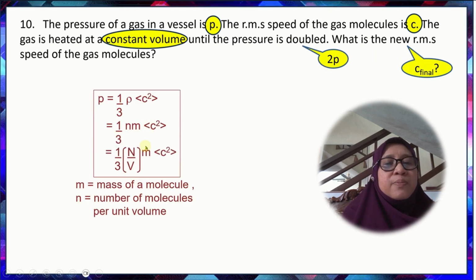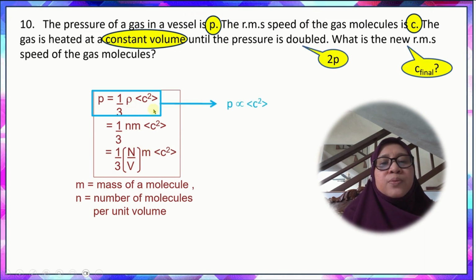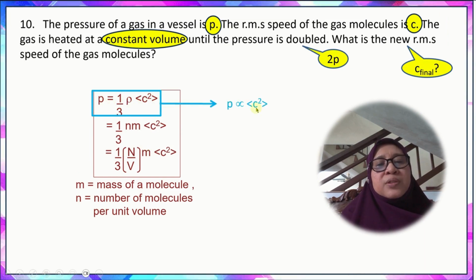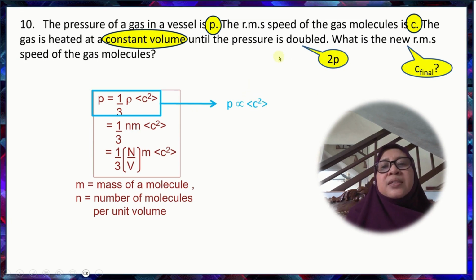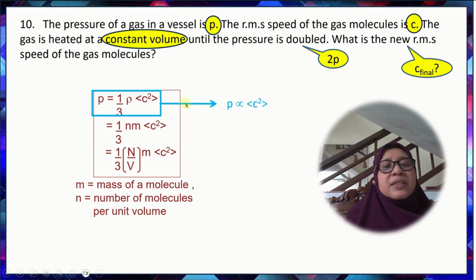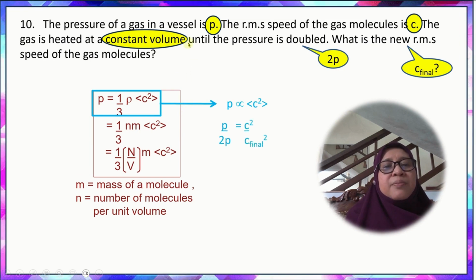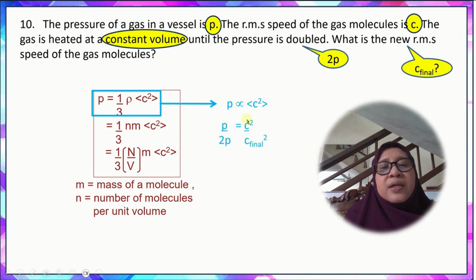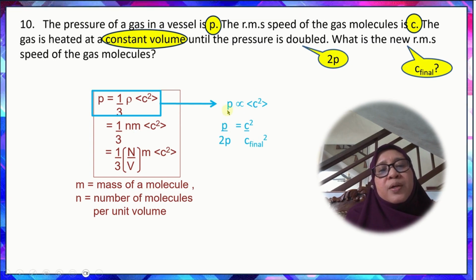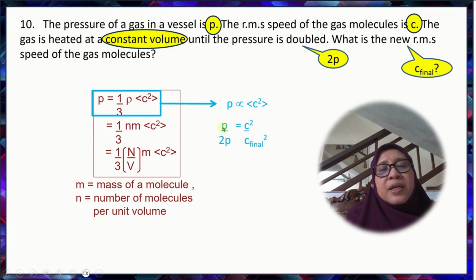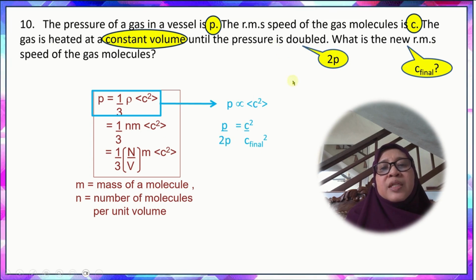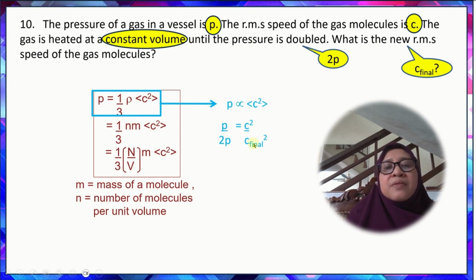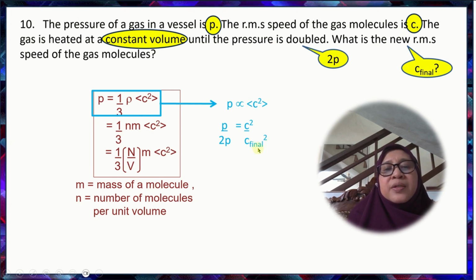From this equation, we choose the first one, where P is directly proportional to the mean square speed. The density of the gas is the same because it's the same gas trapped in the vessel. So initial over final, P over 2P, pressure is doubled, and the initial r.m.s speed C divided by the final r.m.s speed squared.